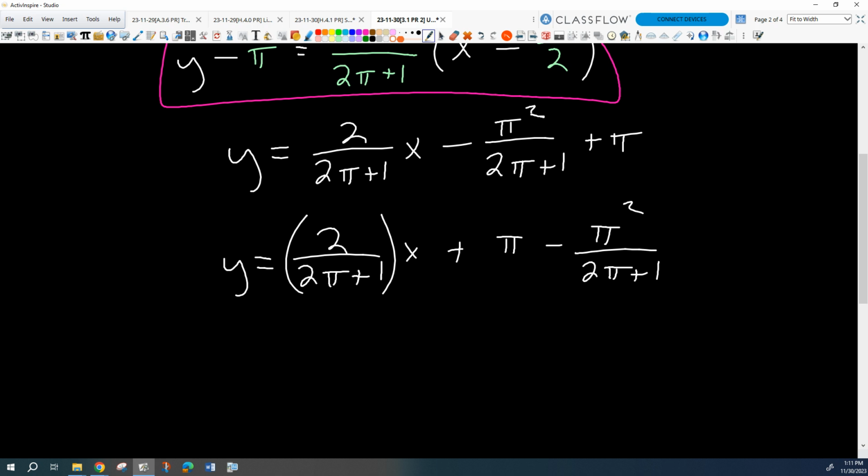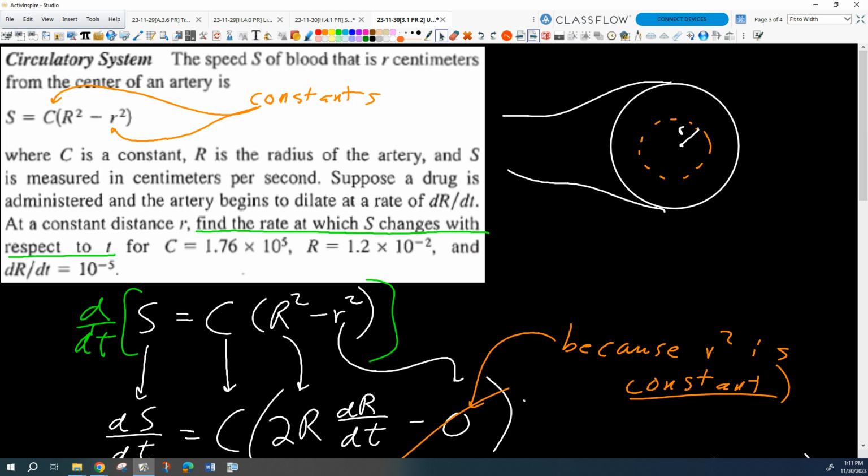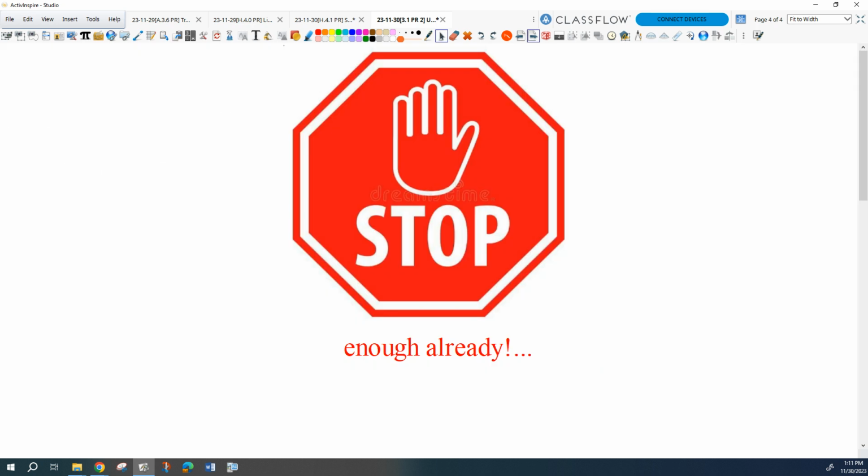So this is your slope, and all this stuff would be your y-intercept if you graphed it. Okay, make sense? Looks terrible, but that's it. Okay, I'm done.